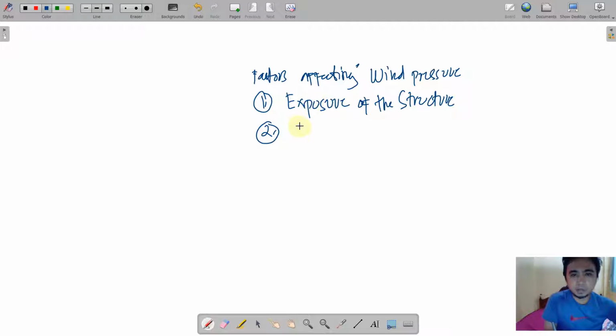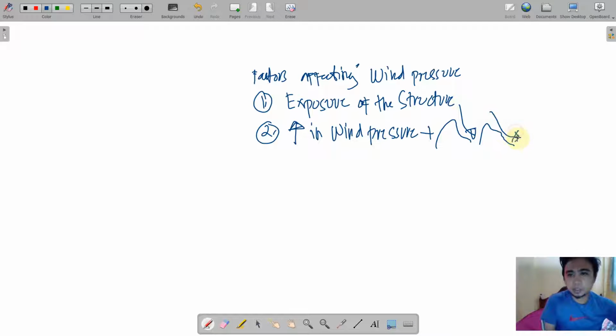And then we have a certain increase in the wind pressure because of the hills and escarpments. Okay? So if that is the case, there will be a change in speed, or perhaps an increase in the wind pressure depending on the hills surrounding the structure.